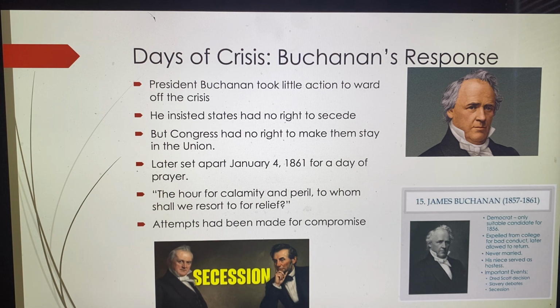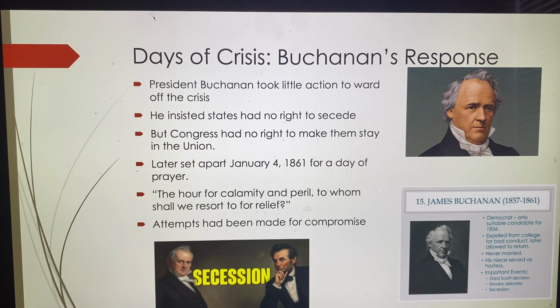The days of crisis. Well, President Buchanan was the 15th president before Lincoln, right? Well, he knew things were happening, and he knew there was a chance of crisis, but he took little action to ward off any crisis. In fact, first of all, he insisted the states had no right to secede from the Union.